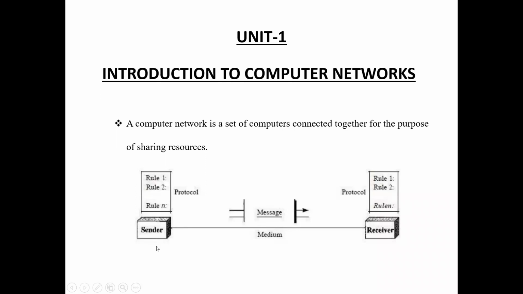The sender is the device that sends the data, that sends the information. Third component, receiver. The receiver is the device that receives the message. So the sender sends the message and the receiver receives the message.